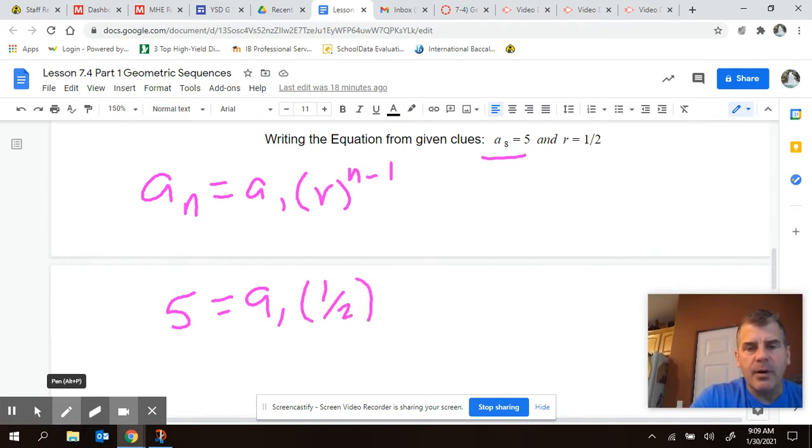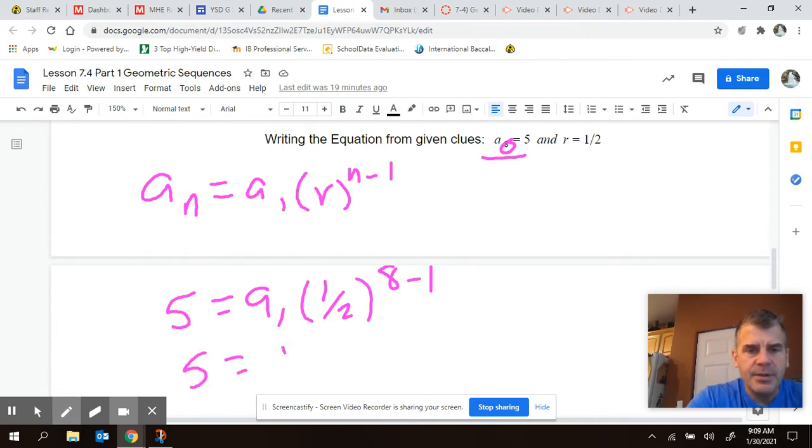And this is the key part, recognition that the n value is that subscript of 8. And so we're going to put in 8 for the n value in our exponent within the equation. So now we've put in all the numerical values, leaving us just needing to find a sub 1, our unknown.